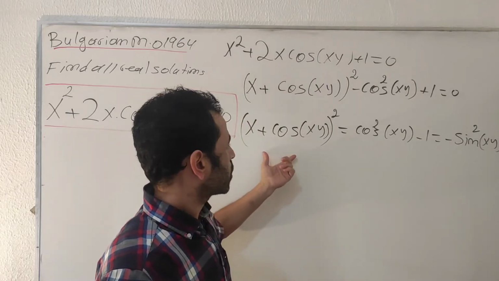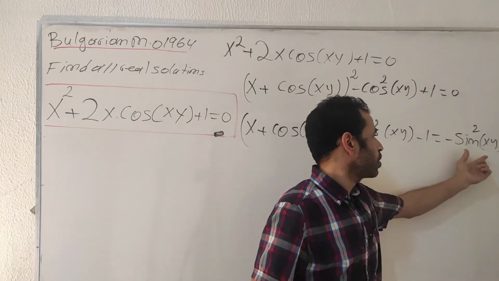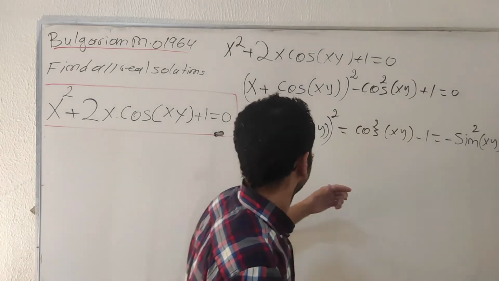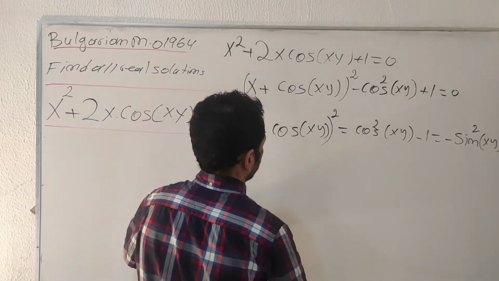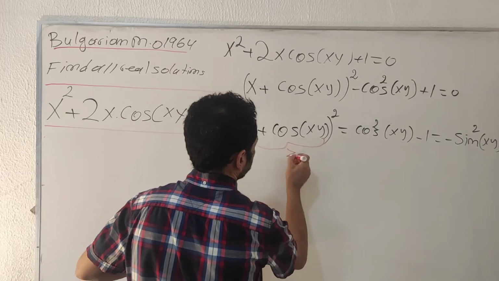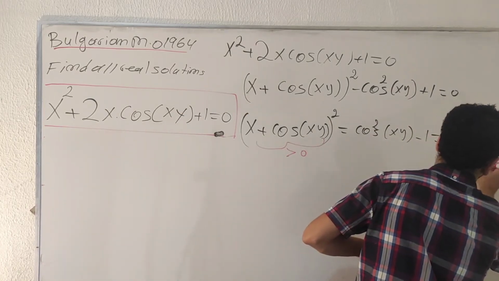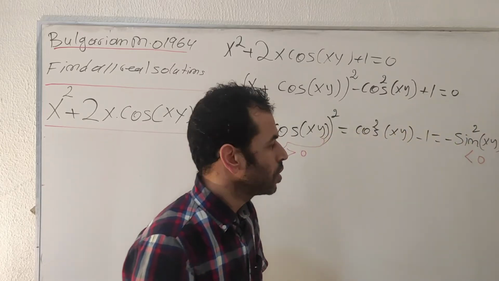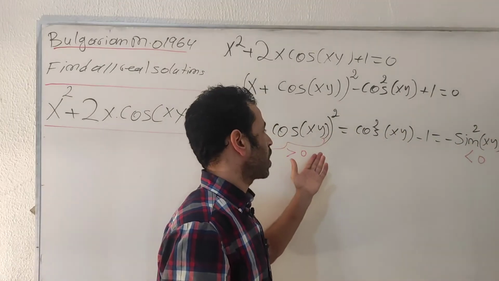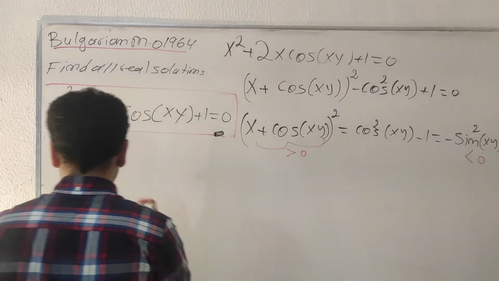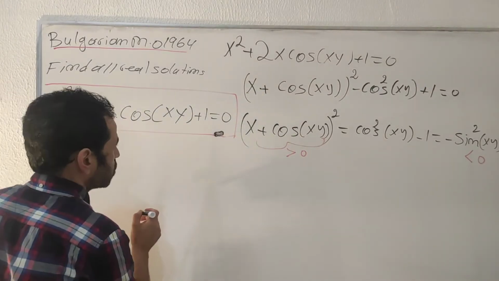But this is impossible to be true except if both sides have the value 0, because this term is positive, strictly greater than 0, while this one is strictly less than 0 due to the minus sign. Which means they have no chance to be anything except 0. So now both terms must be 0.